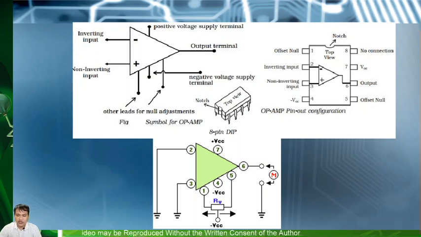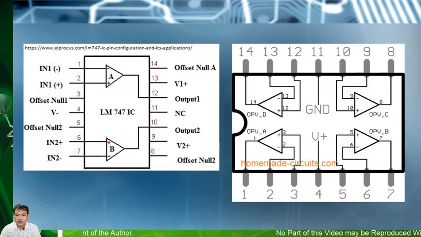To remove this error, we need to adjust this offset null terminal until the value of the output is equal to 0. Next one. Some operational amplifiers can have 2 or 4 op-amps inside, like this one.